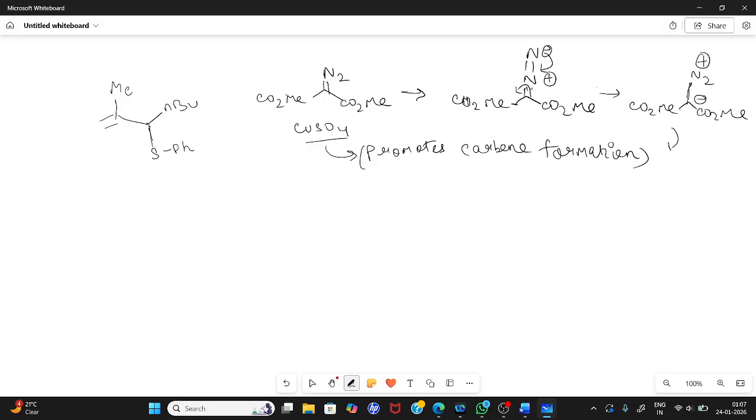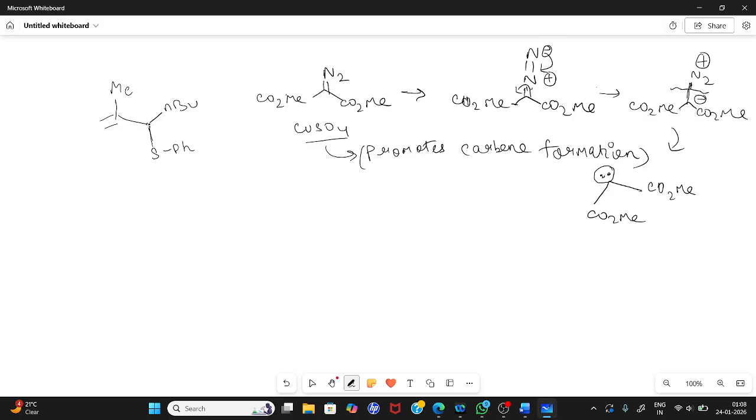So ultimately, this bond cleaves symmetrically, and you get basically this kind of a substrate.